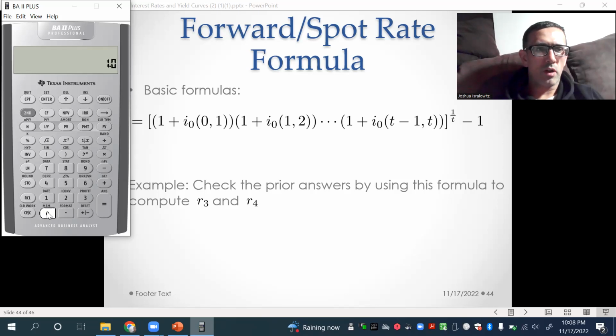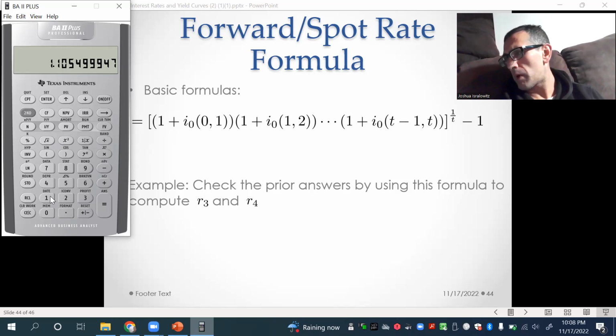So it's 1.027 times 1.031 times 1.04407, just multiplying the year 1, 2, and year 3 rates.